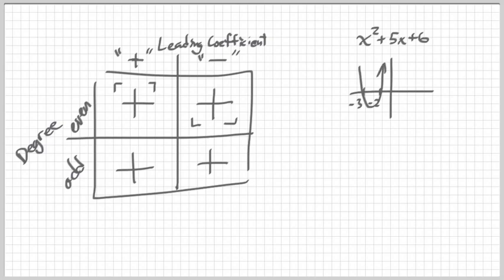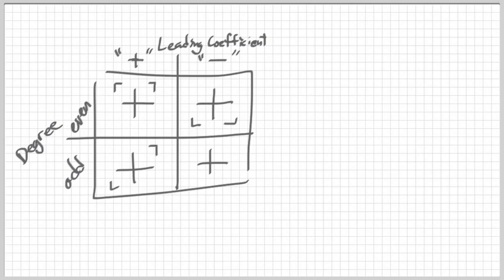It's going to go like this if we have a positive leading coefficient. But if we have a negative leading coefficient, that's going to make the graph go down. So the leading coefficient's all that matters when you're trying to decide if you're going to go up, up, or down, down. Now look at the odd. For odd functions, you're going to go down, up for a positive leading coefficient, or you're going to go up, down for a negative leading coefficient.